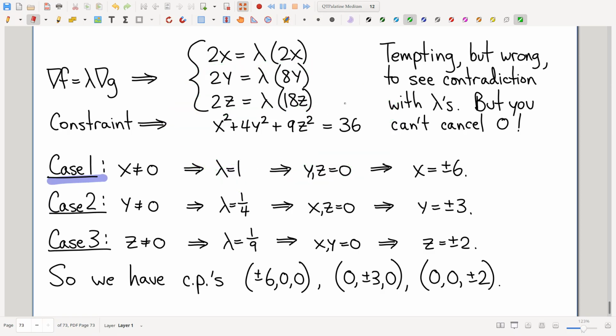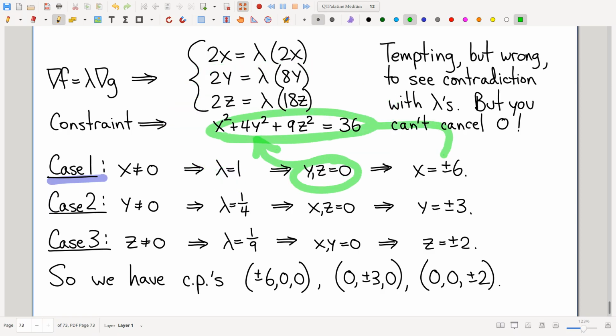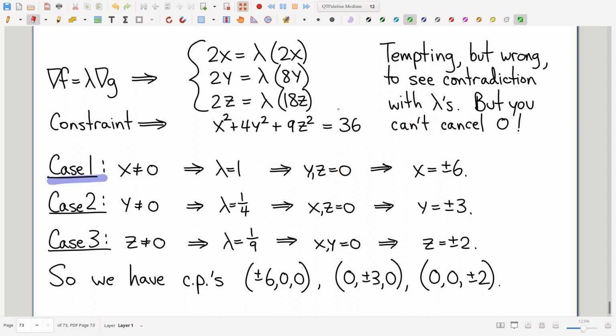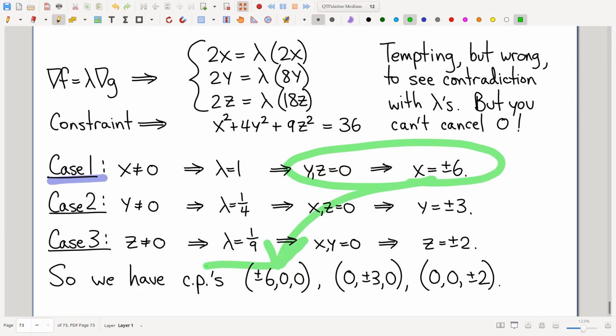And if y and z are 0, then x has to be plus or minus 6. Right, so it's a multi-step process. You've got to be careful and think it through. But that allows us to conclude 2 critical points, right? Each one of these is a critical point. So we just found 2 critical points.